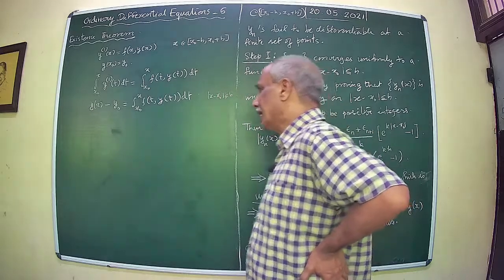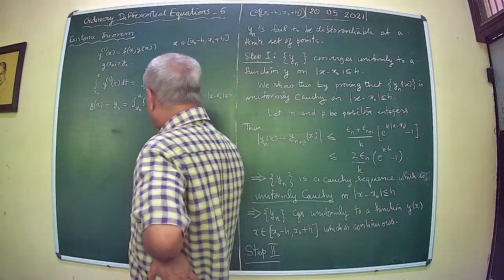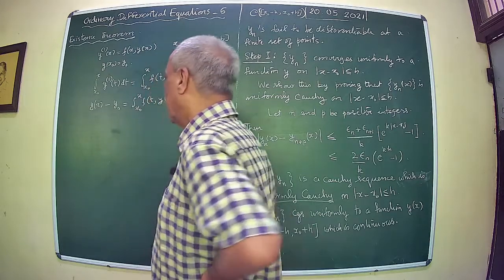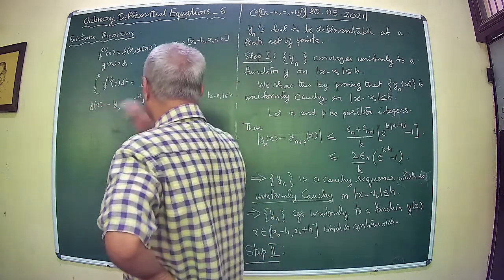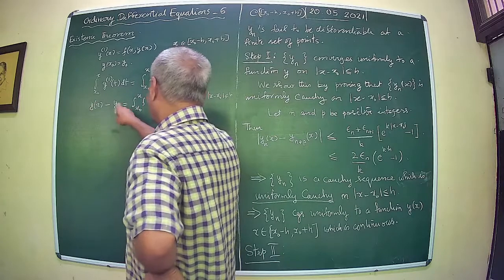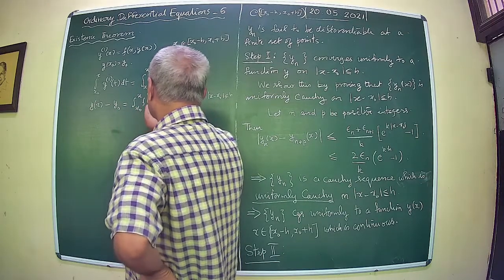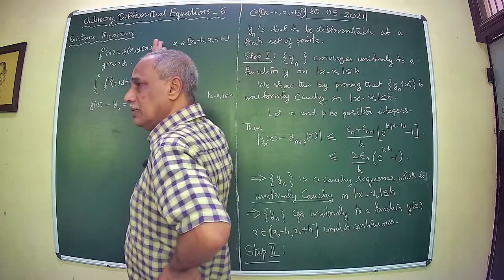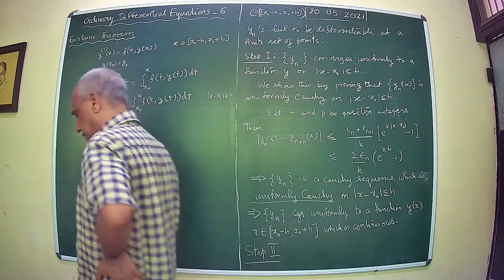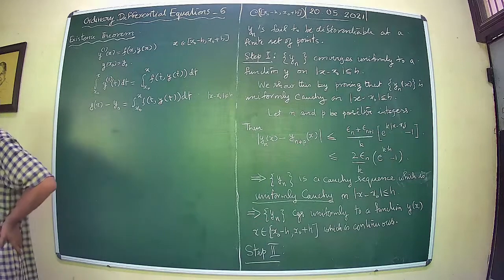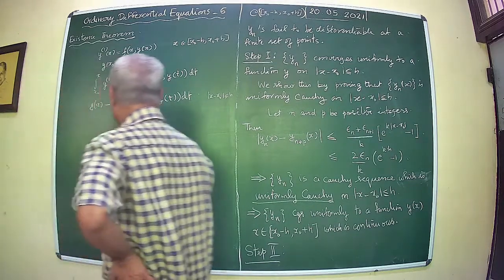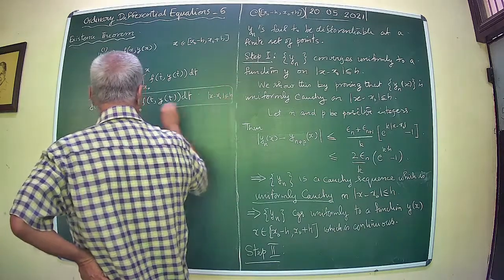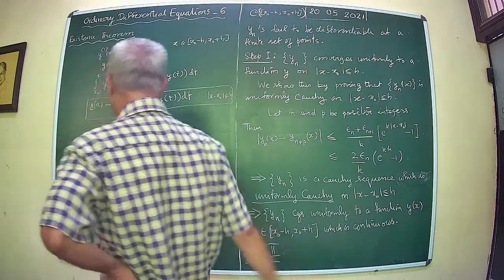Secondly, this function is differentiable, and y' equals f(x, y(x)). So it satisfies the differential equation and also the initial value problem. Therefore, once we reduce the problem to this integral equation, you are done.